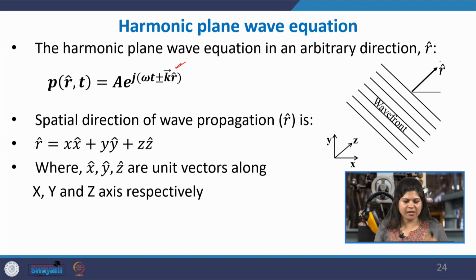This is a generic harmonic plane wave, which we can write as some x component in the direction of the x axis, some y component in the direction of the y axis and some z component in the direction of the z axis. So, these become the unit vectors x, y and z respectively.